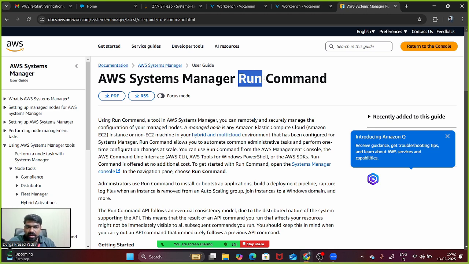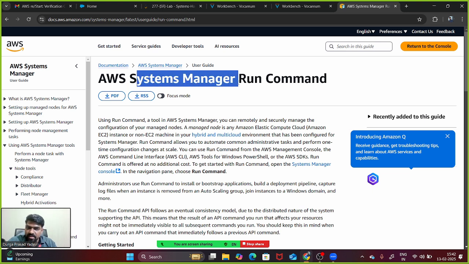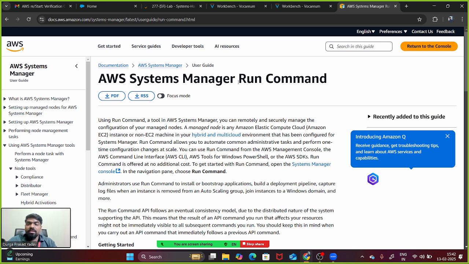What will this Run Command do? Run Command is also part of Systems Manager only. By using Run Command, you can remotely and securely manage the configuration of your managed nodes.